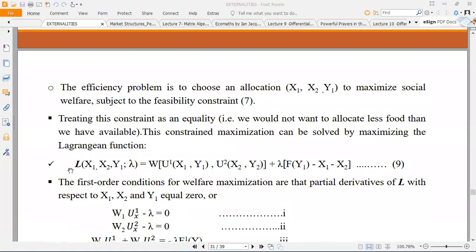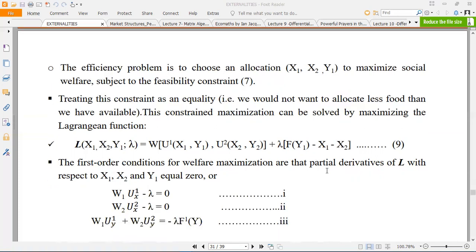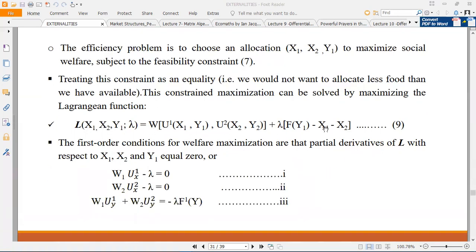So forming the Lagrangian, your L will be equal to the social welfare first. Then here we are using F(Y1) because good Y we only allocate to individual 1. Individual 2 doesn't want to consume it at all. So your social welfare function comes, then you know the drill, lambda, then F(Y1) minus X1 minus X2. So this is the Lagrangian function.